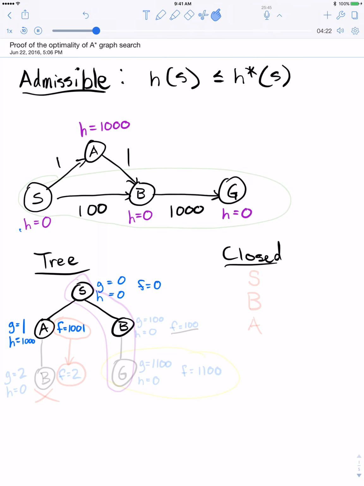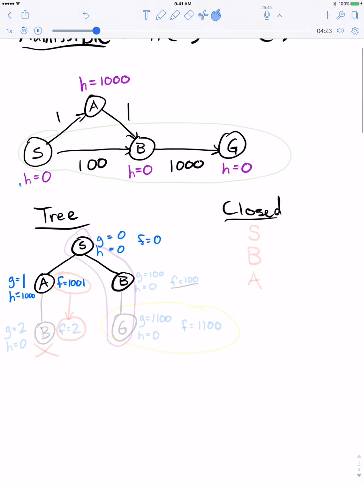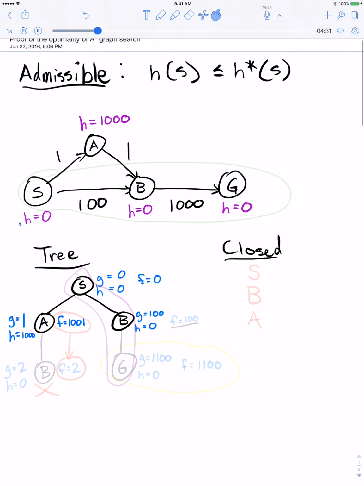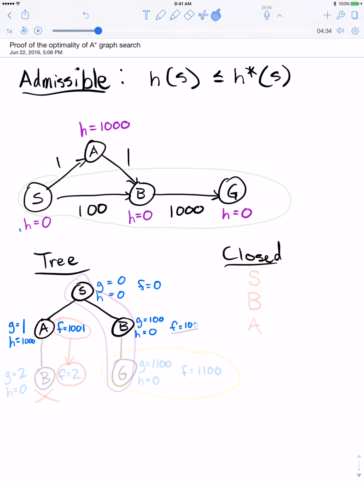We need to do the same thing for B. The cost of going from S to B is 100, so that's G. And H of B is 0, so we have priority 100. Now, one last thing, since we expanded S, we need to add S to the closed set.